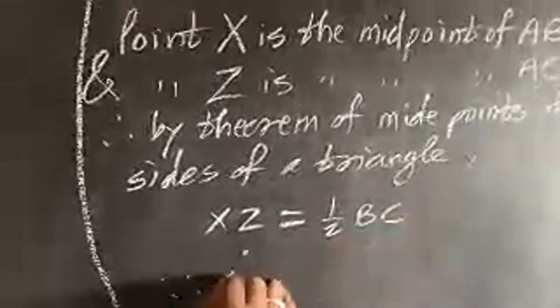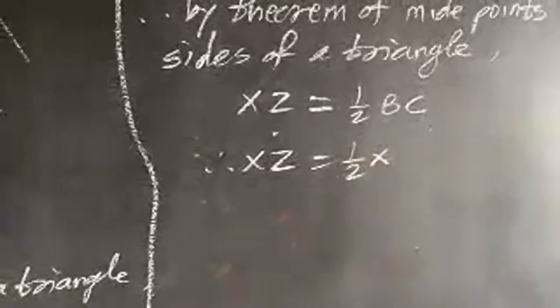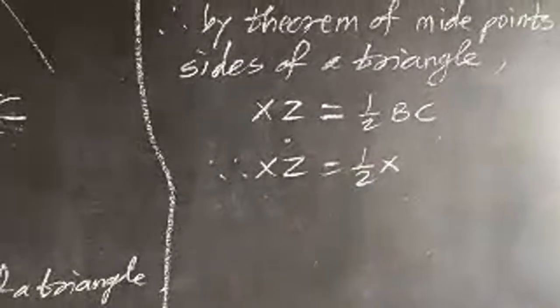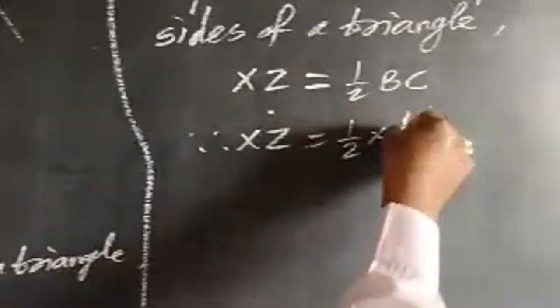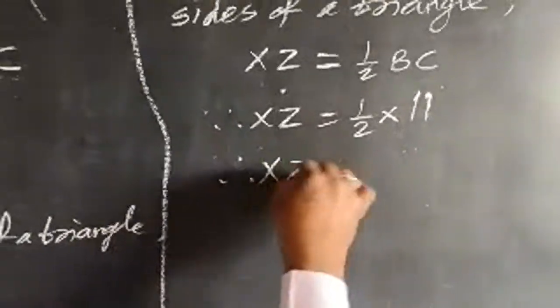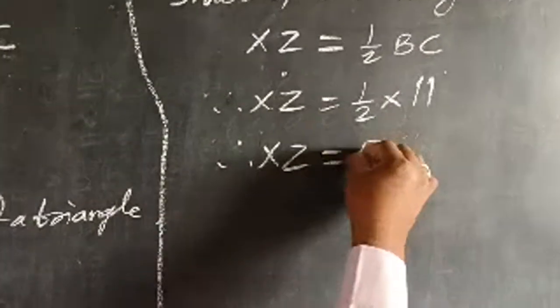Therefore, XZ is equal to half into the length of BC, which is 11, given here. Therefore, XZ is equal to 11 divided by 2, which is 5.5.